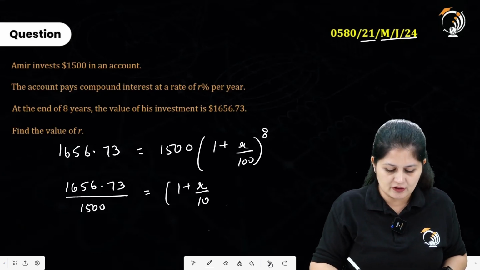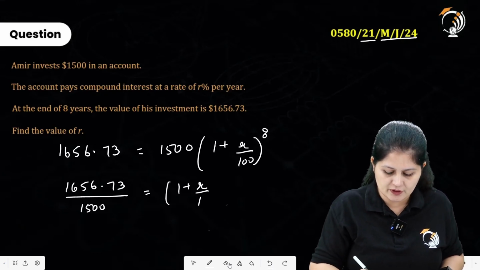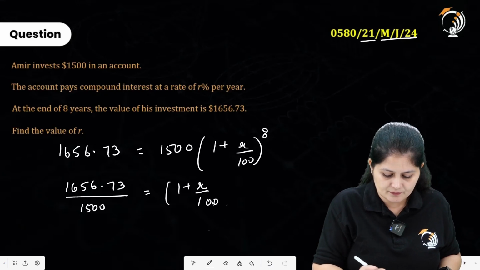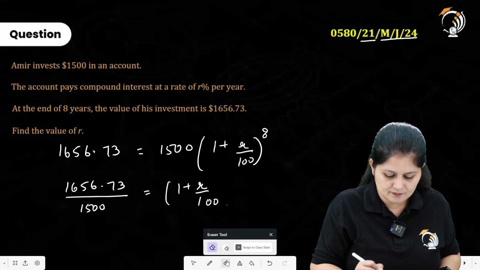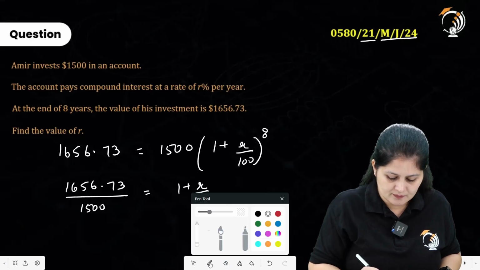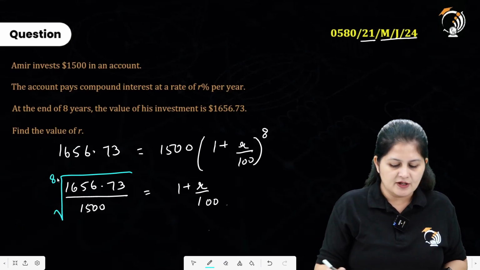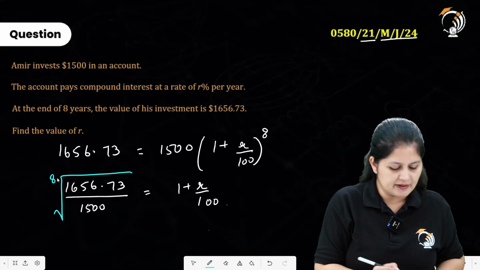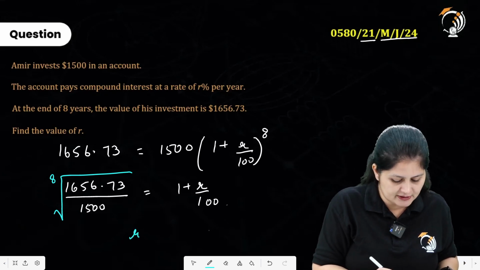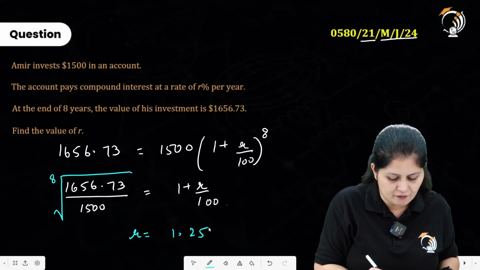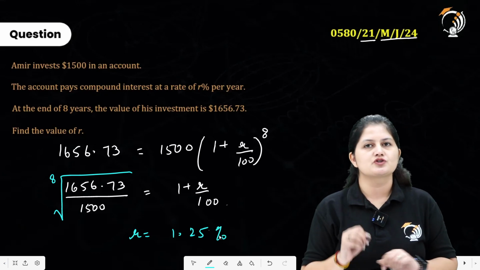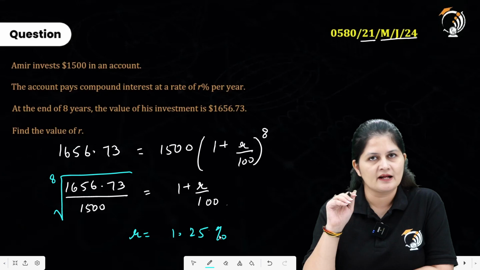Okay. So in order to take the 8th root, let's take the 8th root of it. Right. So after doing the calculation, we will be getting the value of R here as 1.25%. So that is going to be the rate here. Clear?